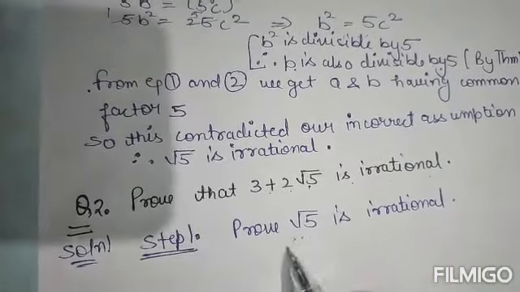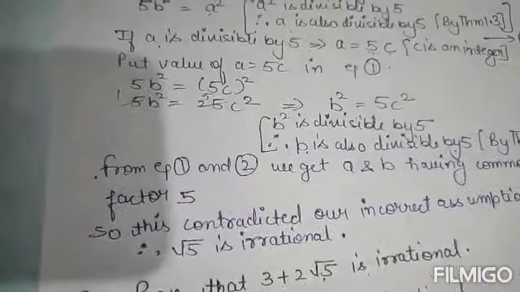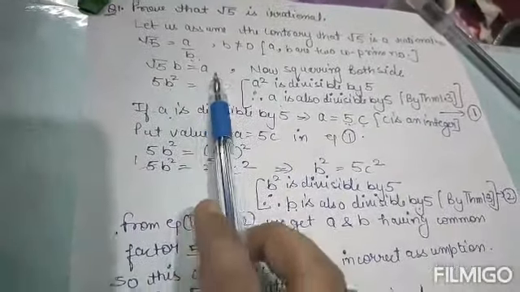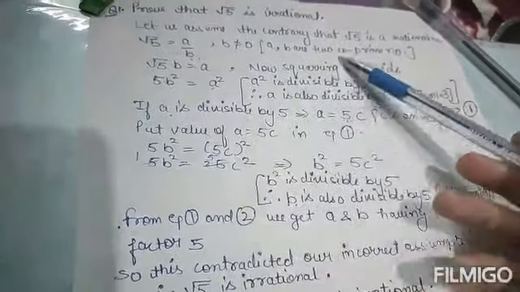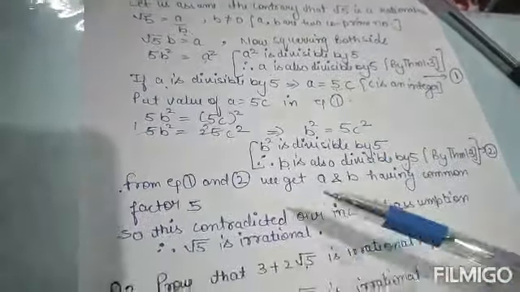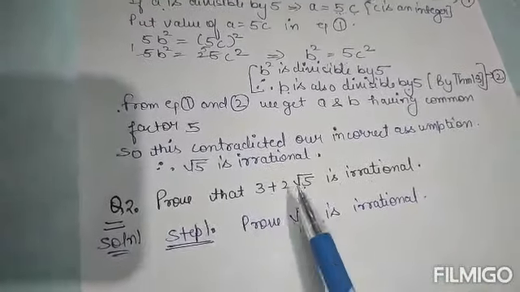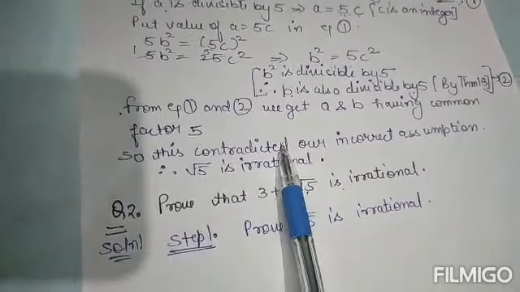Look, I'm not proving it right now. मैं root 5 को irrational proof नहीं कर रही क्योंकि मैंने already कर लिया है. ये देखिए यहाँ पे मैं proof कर चुकी हूँ. I have already proved कि root 5 is irrational. This whole proof you have to again do it here. You have to in your first step prove root 5 is irrational, which we have done already.